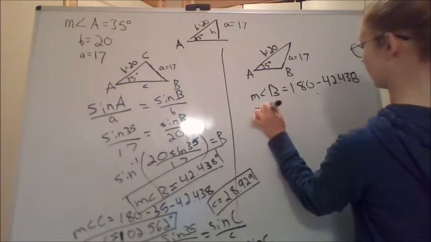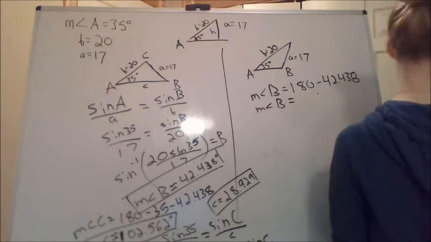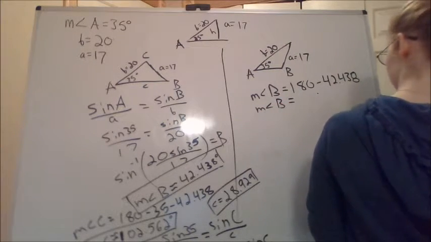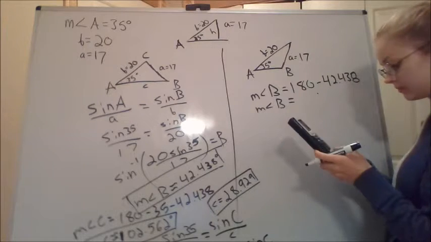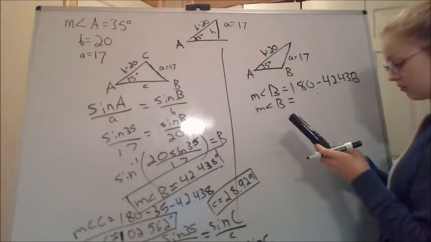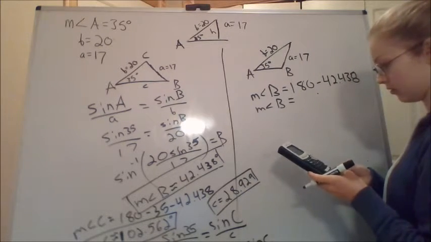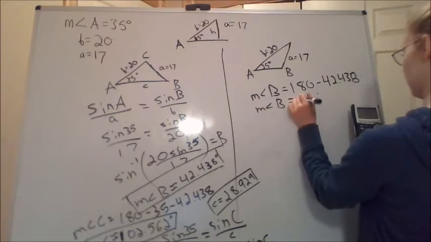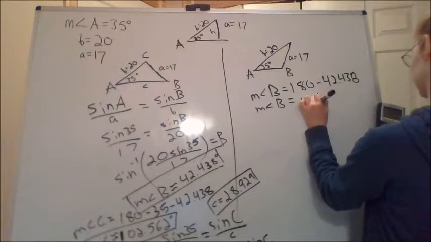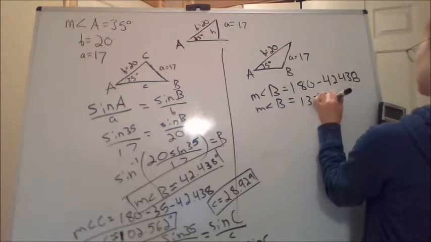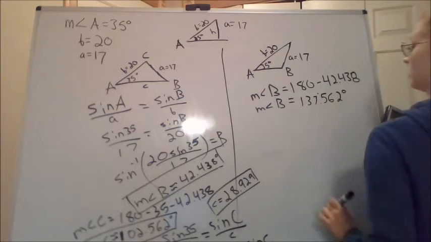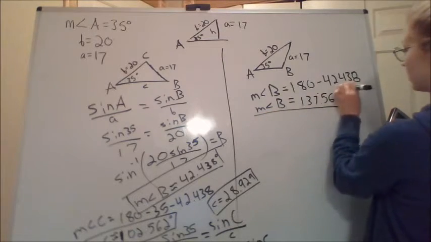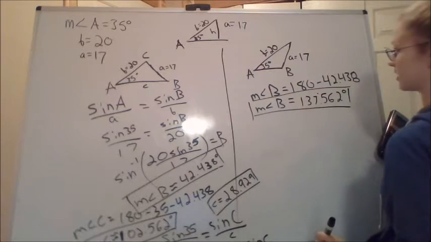So let's take the calculator, 180 minus 42.438. That's going to be 137.562 degrees. So now we have 4 pieces of information on this triangle, so that's good.